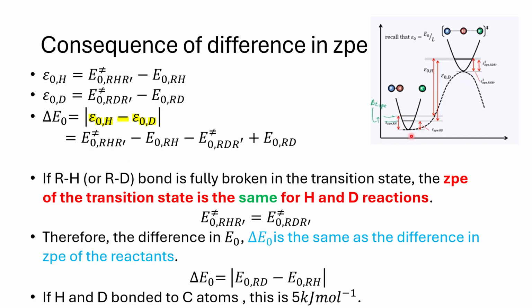Each of them has its respective potential energy curve and the value of energy at the ground vibrational energy level. Epsilon 0H refers to the energy difference between the activated complex and the reactant for the molecule bonded to hydrogen, between this point and this point, whereas epsilon 0D refers to the energy difference between the activated complex and the reactant for the deuterium molecule, between this point and this point.